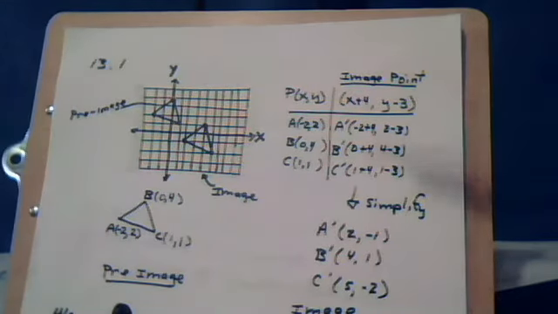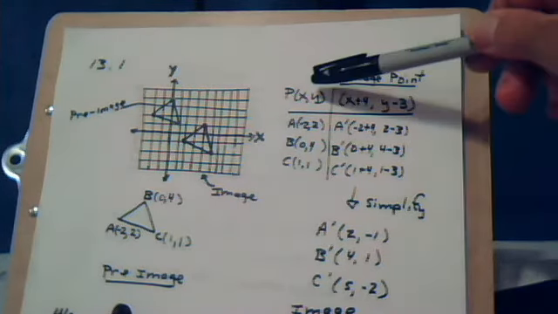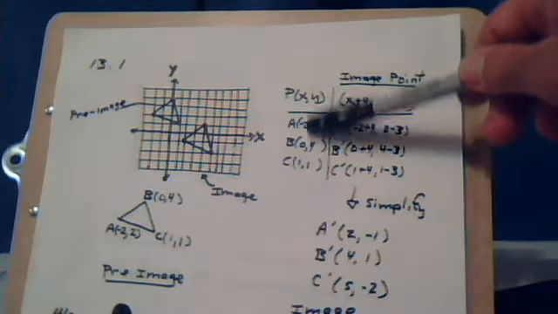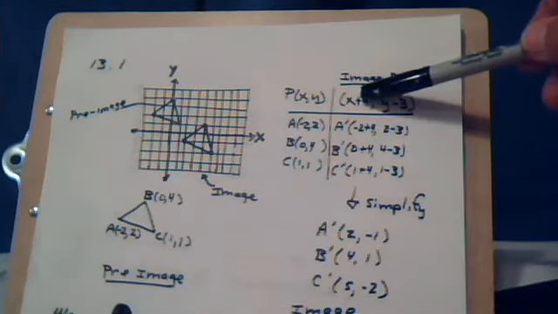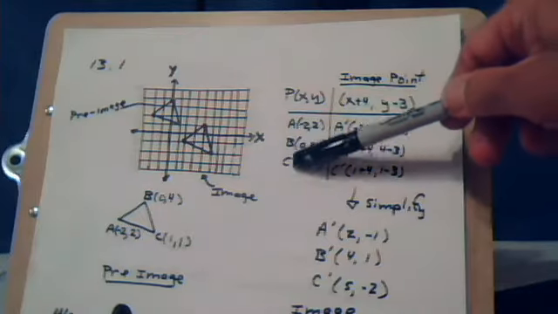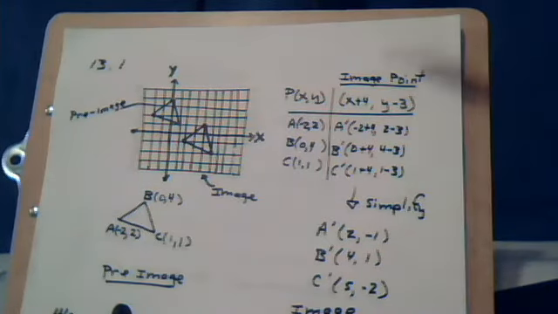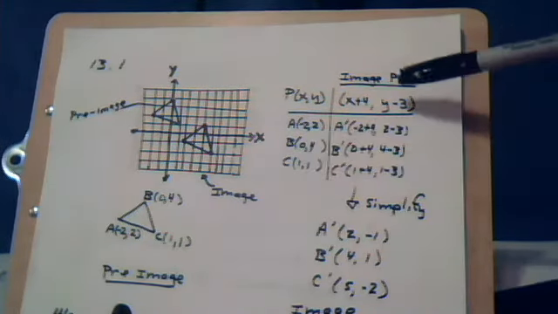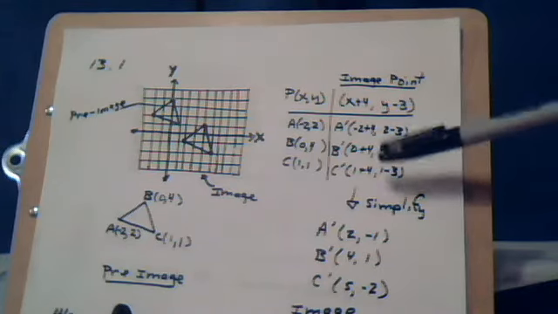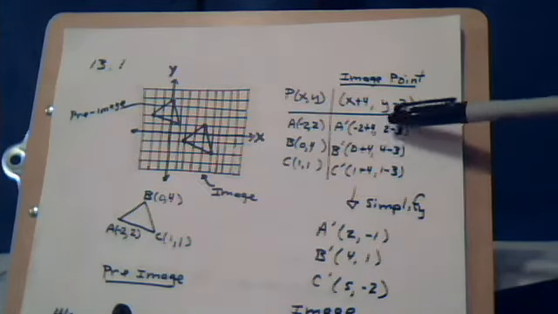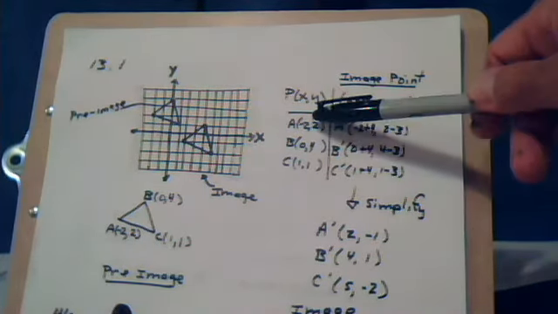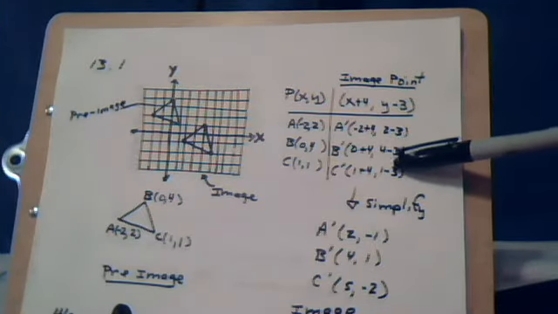They could also give you information as to where you're going to slide it, in which direction, how much, using some algebra. This is the original point location. And what this is saying is that you're going to get the x coordinates and add 4 to them. You're going to get the y coordinates and subtract 3. So notice that's what we did to all the x's. We added a 4. And what did we do to all the y's? We subtracted a 3.